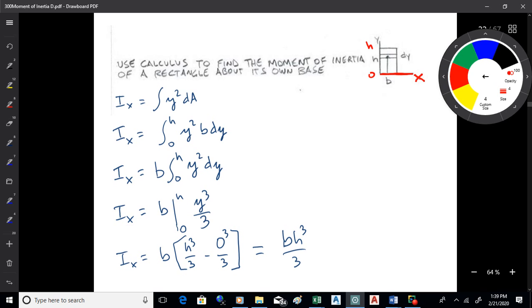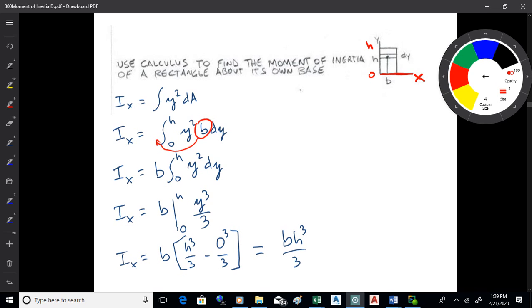Okay, so it's the same integral, y squared dA, which is y squared times the base times dy. It's just evaluated with different limits. So I can pull the b out, and I'll just integrate y squared dy. That's y cubed over 3, evaluated from 0 to h. I've got a base out in front, so that's base times h cubed over 3 minus 0 over 3, which is bh cubed over 3. I've just got a space to put that on 720 where we were just working. Okay.